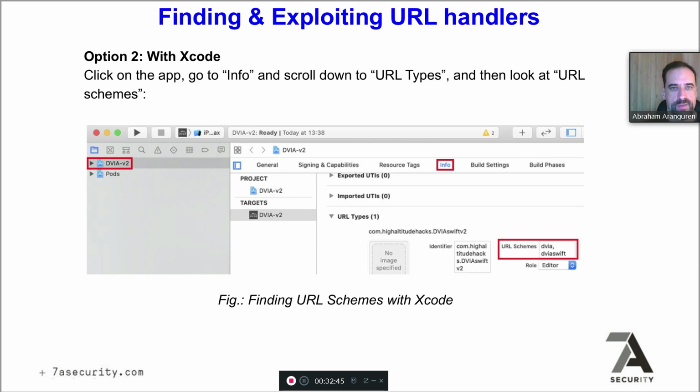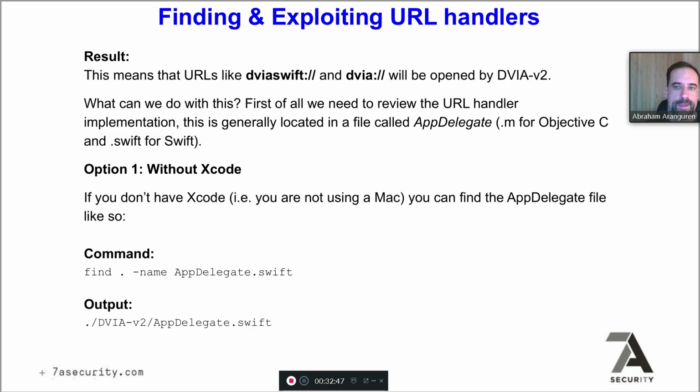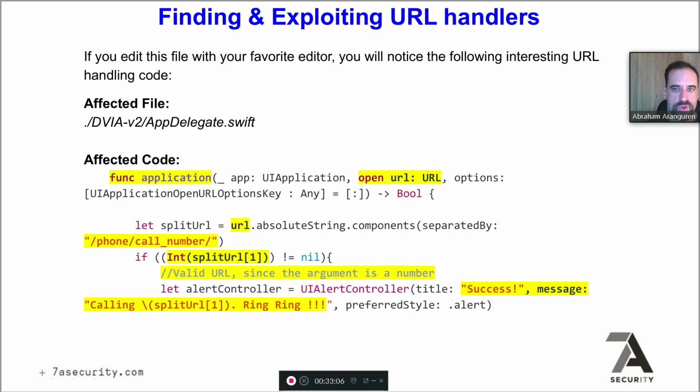So then vulnerable insecure, then vulnerable insecure Swift, and then to look at what comes after the URL scheme, we need to look at the app delegate, right? So we have the app delegate.m if the application is written in Objective-C. If the application is written in Swift, it's going to be app delegate.swift, right? So just find app delegate.swift.